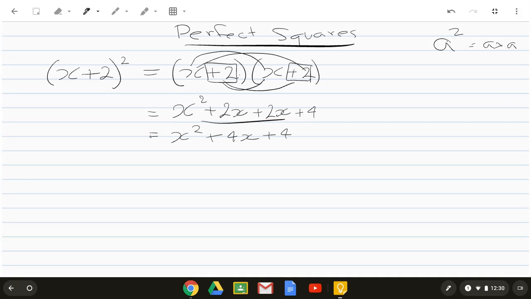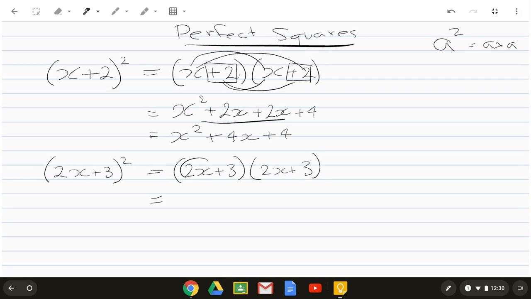Then if I have something a little bit more complex, like 2x plus 3 squared, we just do it exactly the same to start with. 2x plus 3 times 2x plus 3.